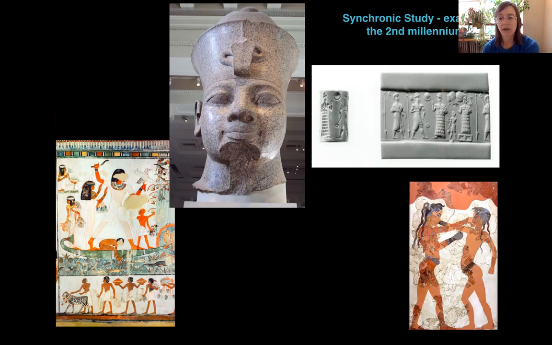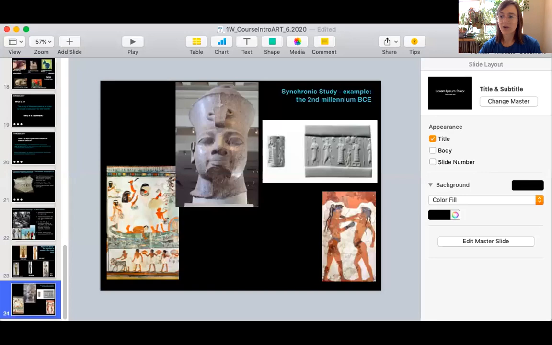And this goes back to the nature of history, and that in the 2nd millennium BCE, Amenhotep III, who's the statue that you see here, he's not concerned with building history the way we have it. The orders of the pharaohs and other ways of record keeping and identity were more important there. So synchronic studies, more so what we're doing day to day, but diachronic is the overall picture.